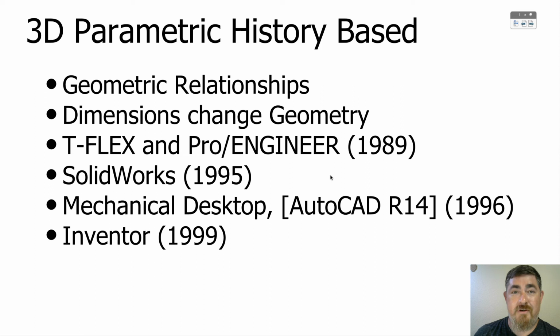There's a program called Inventor Fusion that came out, which was trying to add some direct capabilities to Inventor that didn't go anywhere. It really kind of sucked. And then Fusion 360 came out, and that's what we're using in this class. And that's a much better program that can do both direct and history-based.